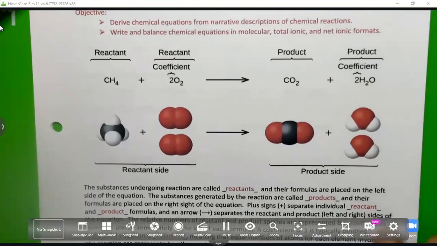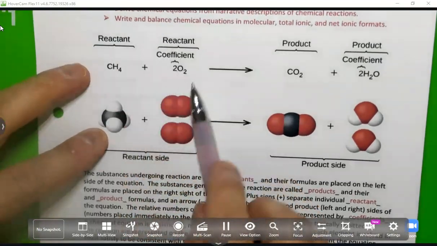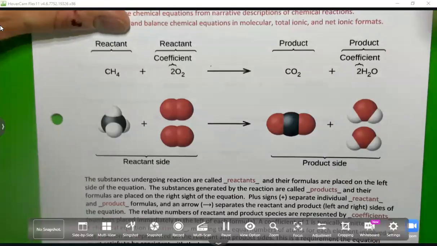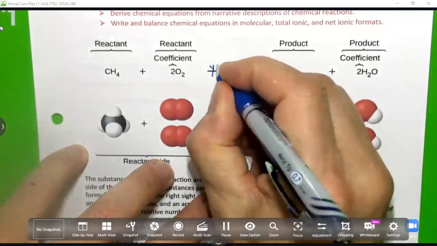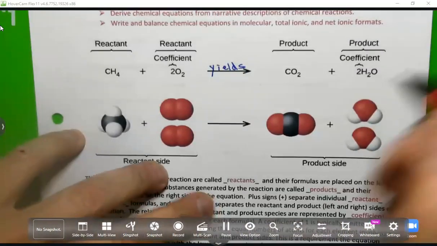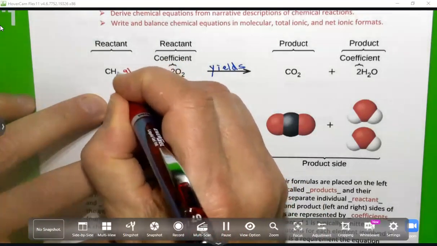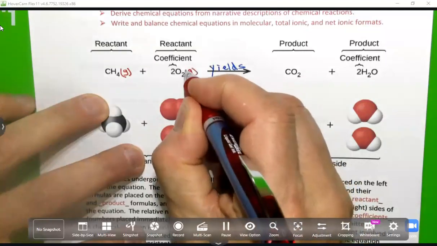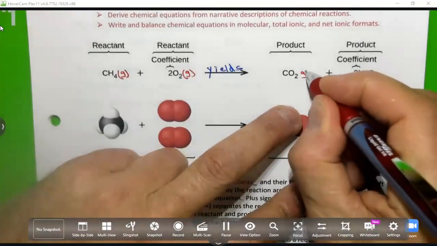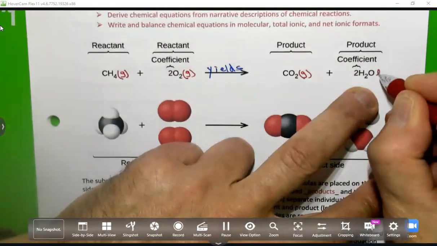And we know that on the left side of our arrow, now our arrow pretty much means yields or equals, we can put in what state they're in. CH4 is a gas. Oxygen is a gas. Carbon dioxide is a gas. And we actually get both here, but I'm going to put L for liquid.